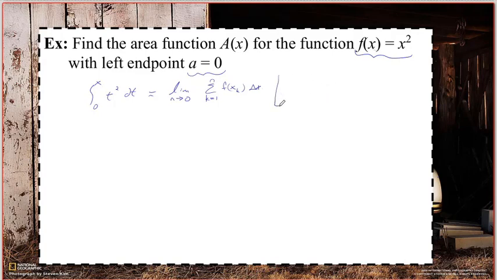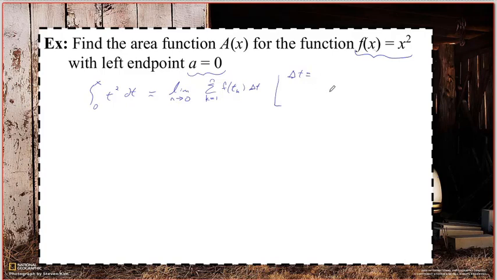But now, notice what I have, and I really am being not careful. Let me do t sub k and delta t. So my delta t, which is taking the place of delta x, since I just want x to represent the variable in my area function.